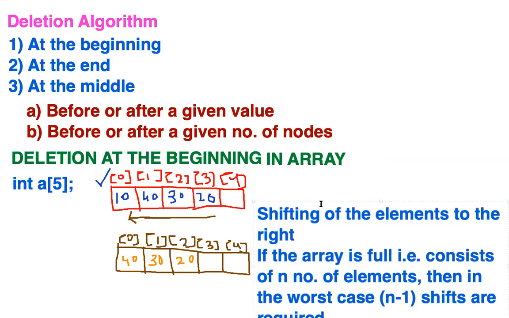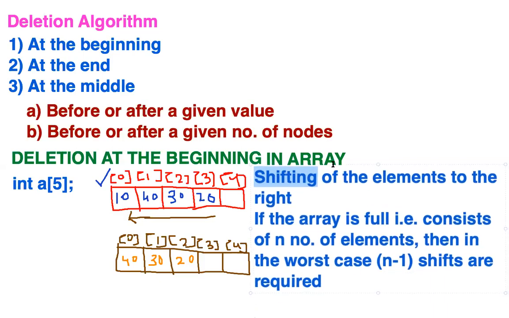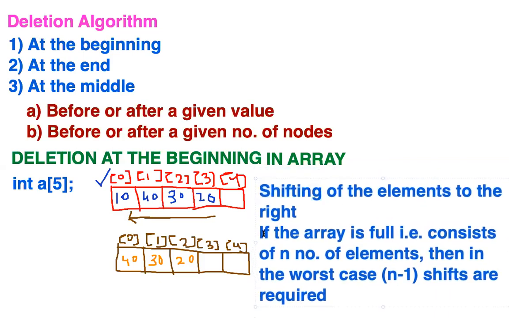Because of the shifting operation, the complexity of deletion at the beginning of an array will be order of n.